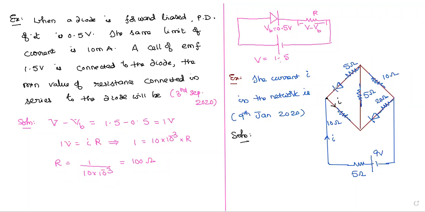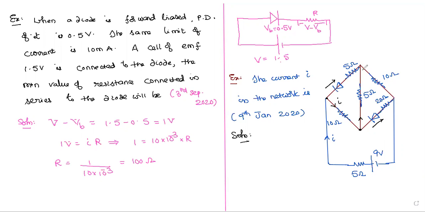Yes, now it is correct. So here, when current starts flowing like this, it is in reverse bias. That's why current does not flow. Why? Because an ideal diode has infinite resistance, so it does not allow the current. So current comes like this, and again at this junction the current should split like this, but if it splits, it has to flow in this direction, reverse bias, so it does not allow.